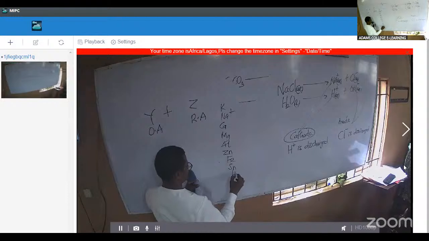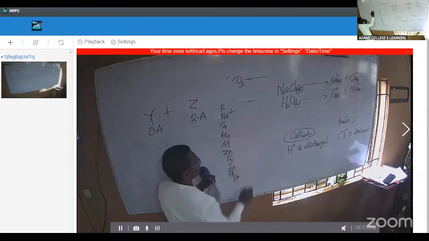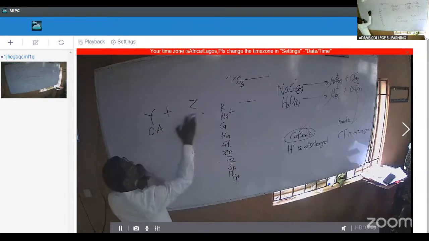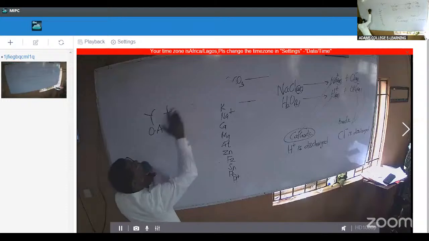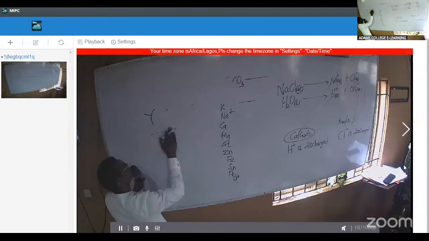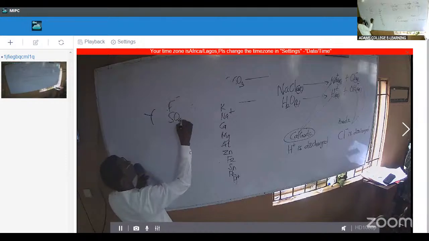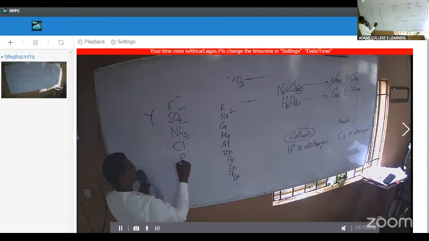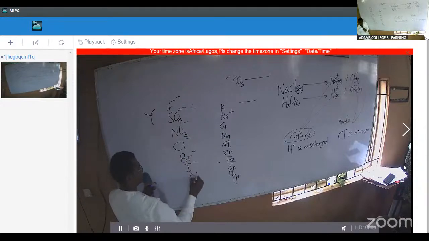Now look at the one for anions, who is the first guy? Fluorine. That's it.